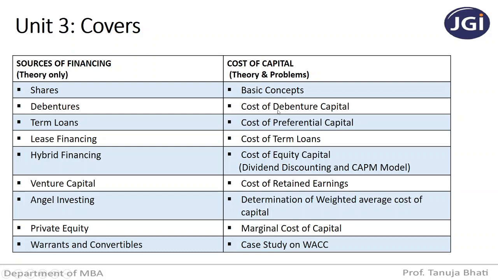So we'll be seeing cost of debenture capital, cost of preferential capital, cost of term loans, cost of equity capital under both the approaches, that is dividend discounting approach and CAPM approach, cost of retained earnings, determination of weighted average cost of capital, marginal cost of capital, and in this unit, a case study can be asked on WACC. WACC is nothing but weighted average cost of capital. So, we will be starting first with the sources of finance.